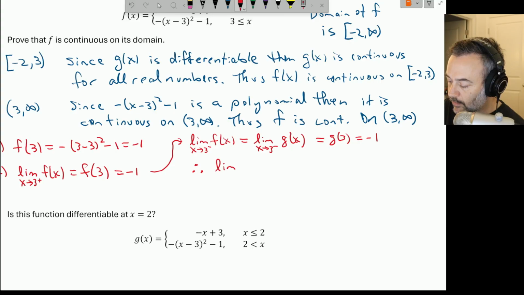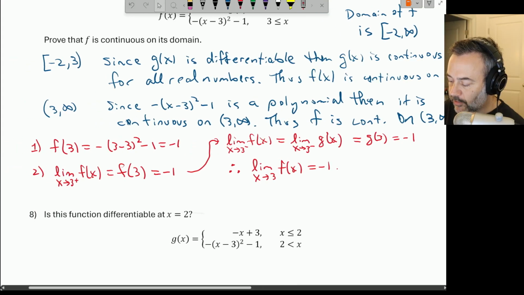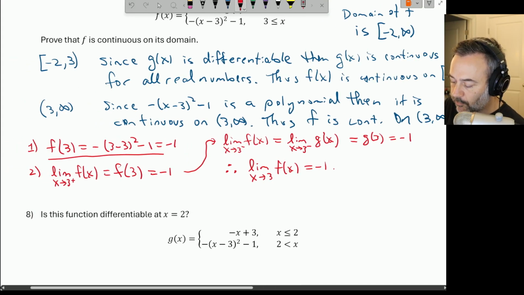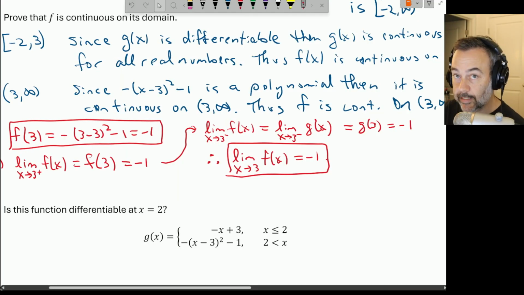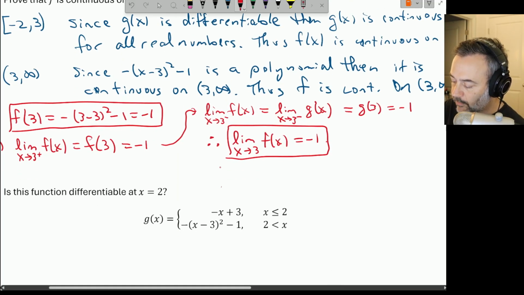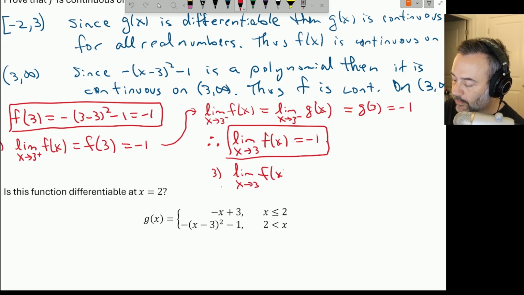Therefore, the two-sided limit equals -1. You have to state this. And we have finished the second step. This was step 1. Getting to this was step 2, which took a couple steps. And then finally, step 3: the limit as x goes to 3 of f of x is equal to f of 3.